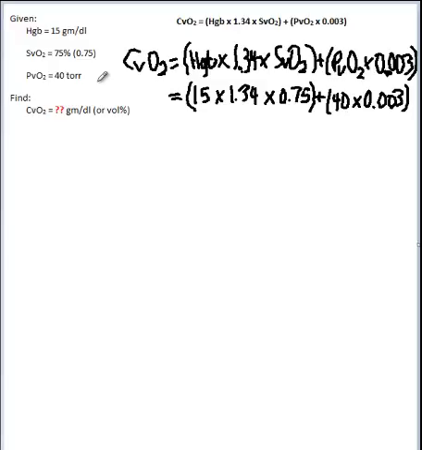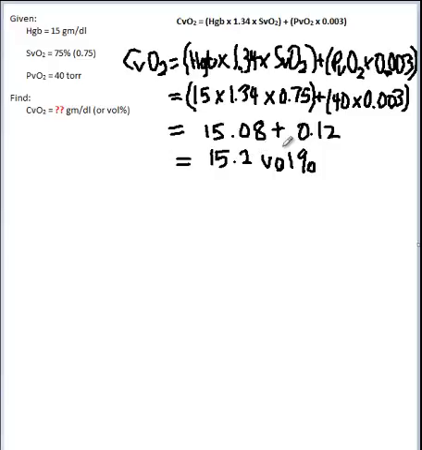So these are the normal values for venous here, and I used the normal values for arterial in the previous equation. Carrying it out, I get 15.08 plus 0.12, and then adding those together, I get 15.2 volumes percent.